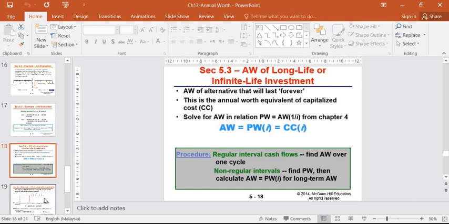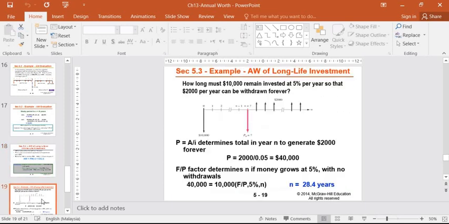Then we have annual worth as PW times i. So the procedure is: over one period, no regular interval, find PW, then calculate AW. Okay, that's the formula.